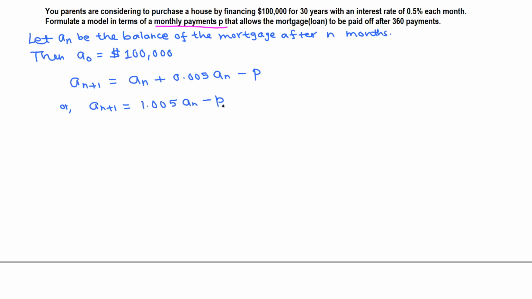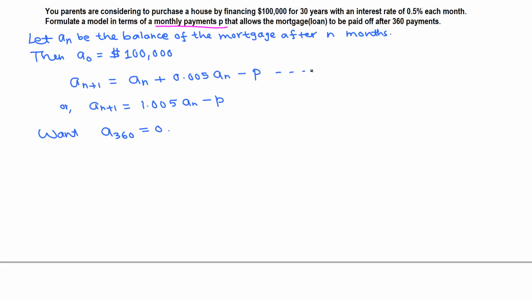Okay, this is the model we are using here, and we want to find the monthly payment P. We want P so that this balance is paid off after 360 payments, so the balance after 360 payments, A_360, is 0.